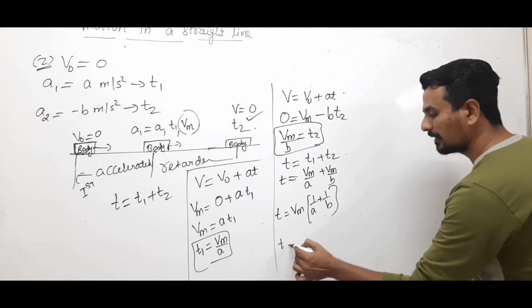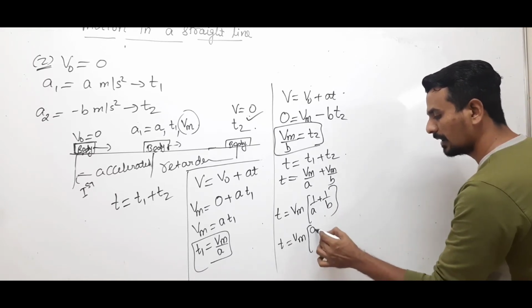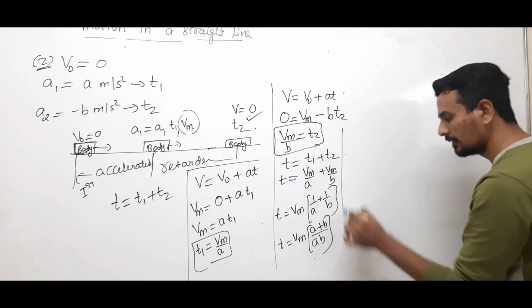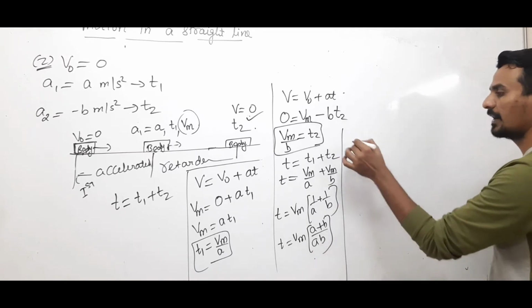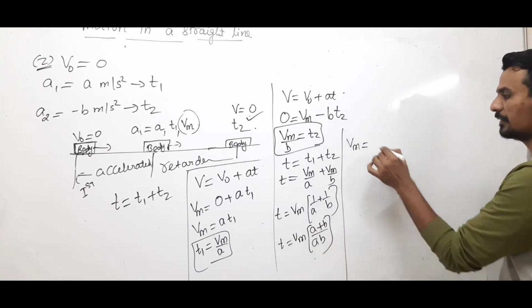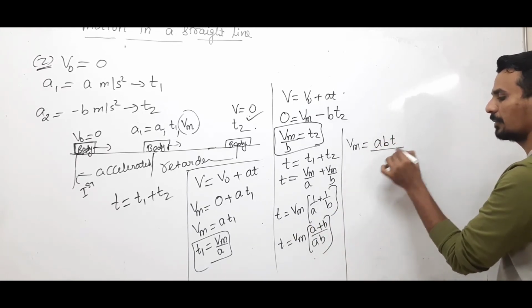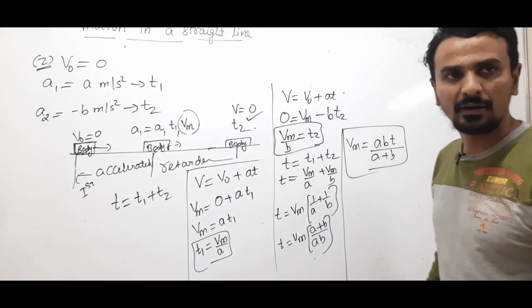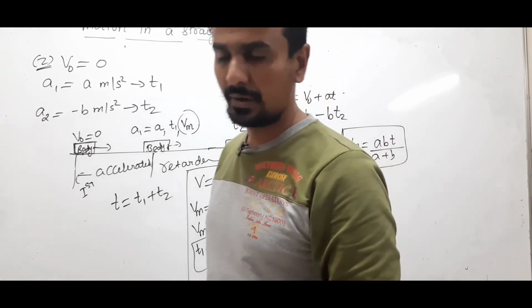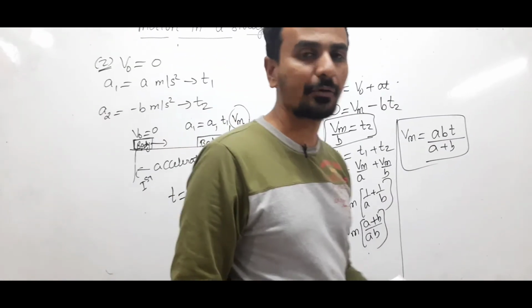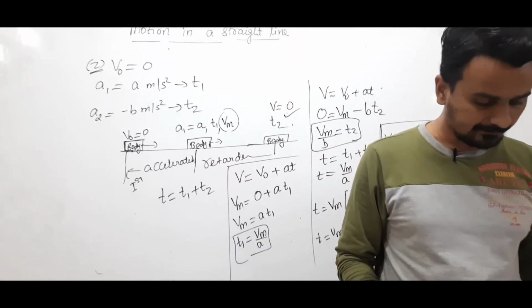T is equal to Vm (a plus b) upon a into b. Therefore, Vm will be equal to ab t upon a plus b. This will be the maximum velocity, ab upon a plus b into t. If the values are given in the question, then you can directly place this formula and you get the answer.